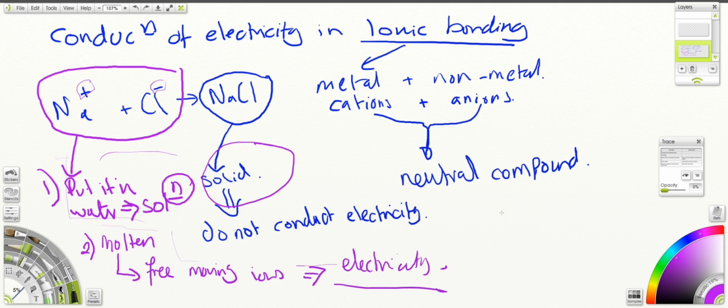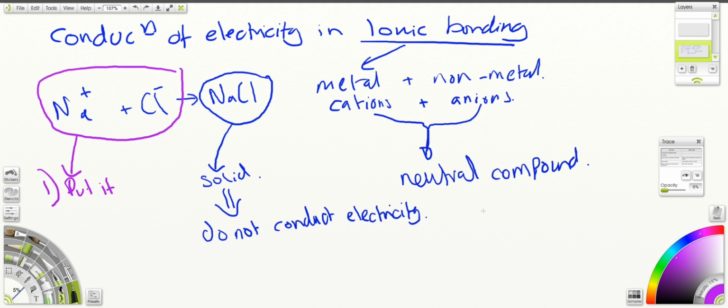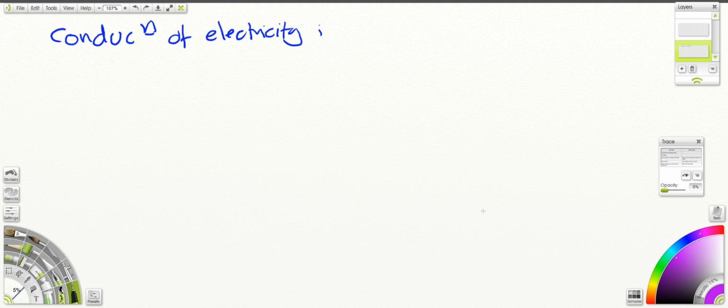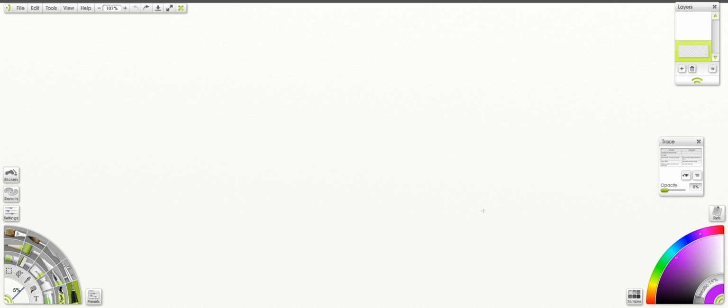So now we're going to be moving on, and we're going to be looking at solubility. Okay, so solubility is whether something can dissolve in water or not. So if something is soluble, that means it can dissolve in water.